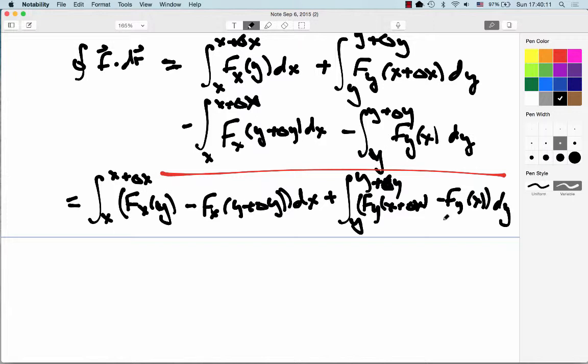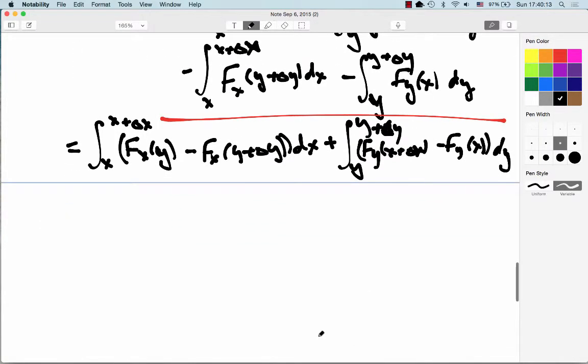All right. Now, we're imagining that this is going to be a small box. So since this is a small box, I can go ahead and Taylor expand this f sub x of y plus delta y about y.